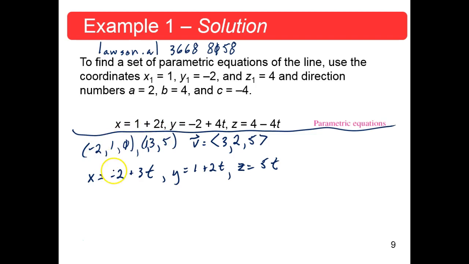The point -2, 1, and 0 came from the point. That's where those values came from. The 3t, 2t, and 5t come from the vector. So there's the equation. It's pretty straightforward, simple to write. x equals -2 plus 3t, y is equal to 1 plus 2t, and z is equal to 5t.